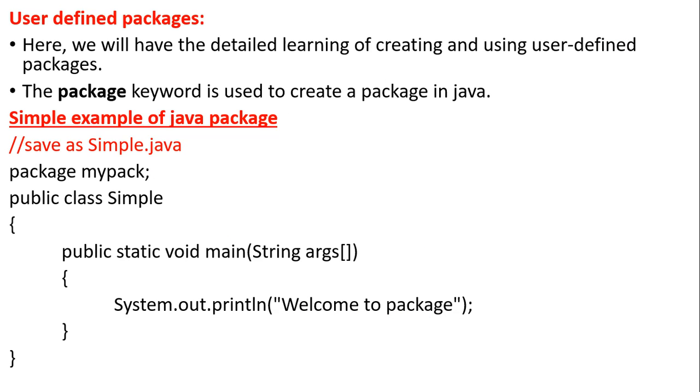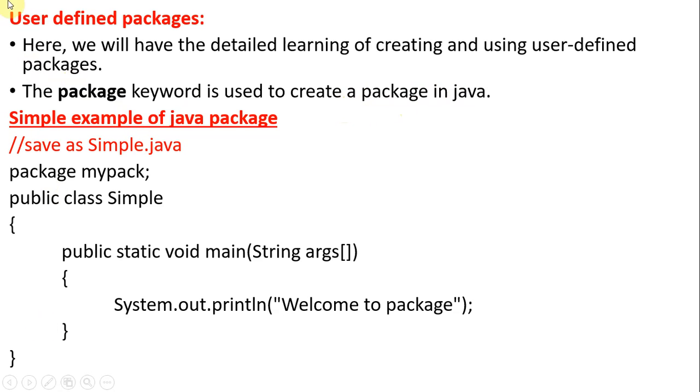There are 53 keywords available, and one of those keywords is package. The package keyword is used to create packages in Java, so to create user-defined packages, note that down: package is a keyword which is used to create a user-defined package in Java.